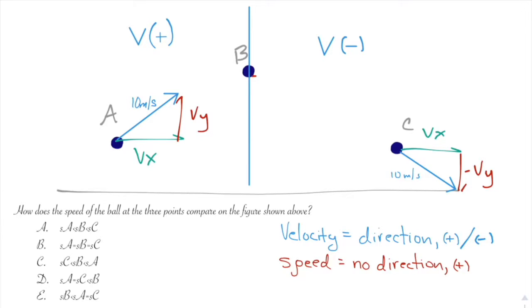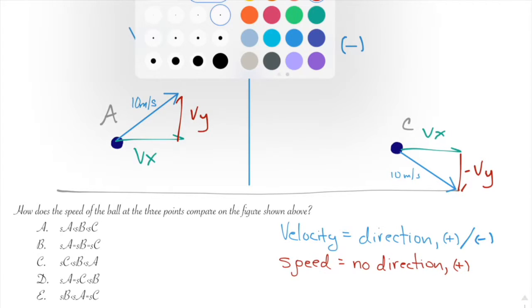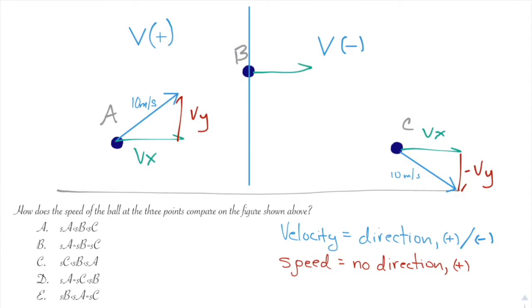And even at point B, we still have that positive velocity in the horizontal direction, even though we don't have a vertical component of velocity at point B. So speed and velocity in the horizontal are constant and positive if they're moving to the right.